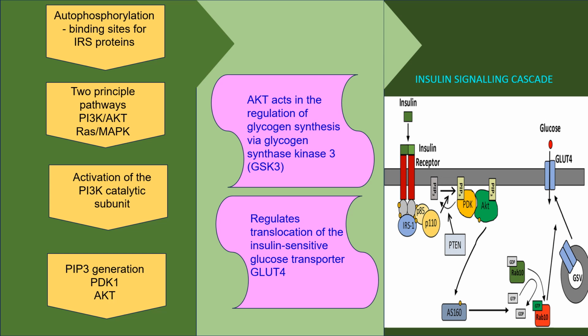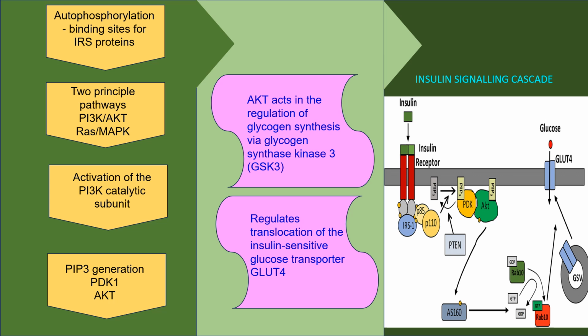Two principal pathways result from the insulin receptor IRS interaction: the PI3K or AKT, also known as protein kinase B (PKB) pathway, and the RAS-MAPK, also known as extracellular signal regulated kinase or ERK pathway. We are going to discuss the PI3K, that is phosphoinositol 3 kinase pathway, as it is linked exclusively through IRS and is responsible for most of insulin's metabolic effects in the cell.